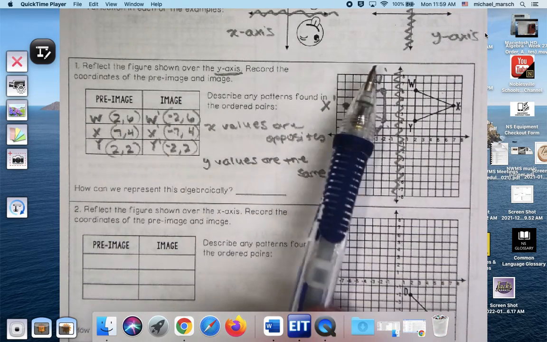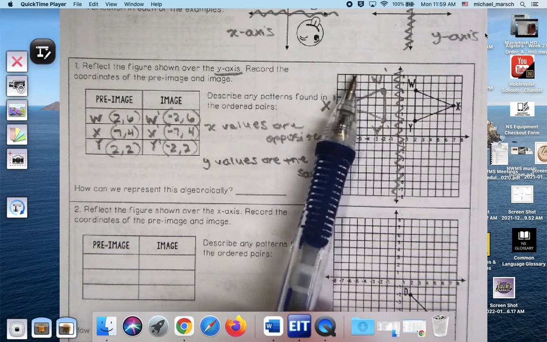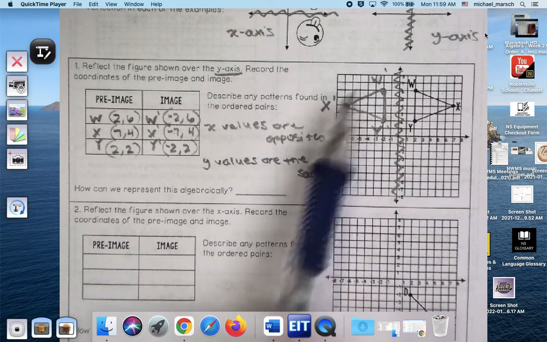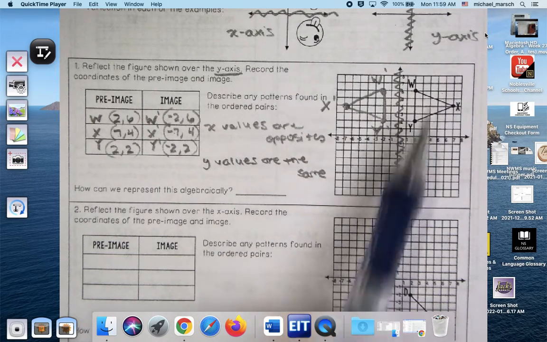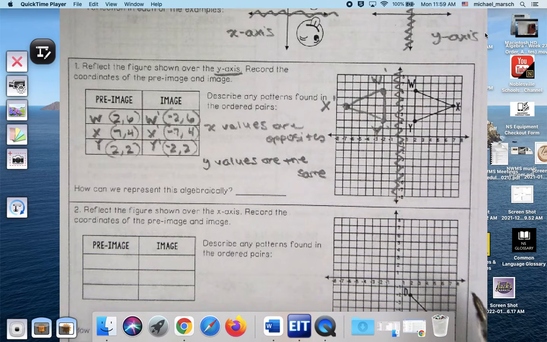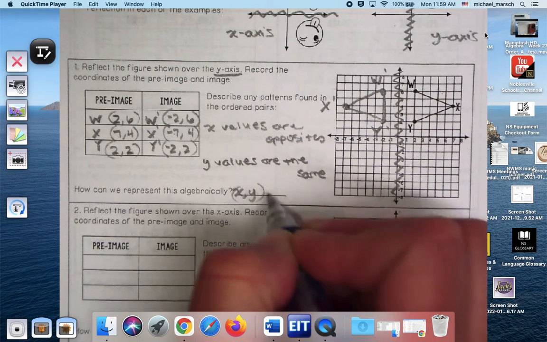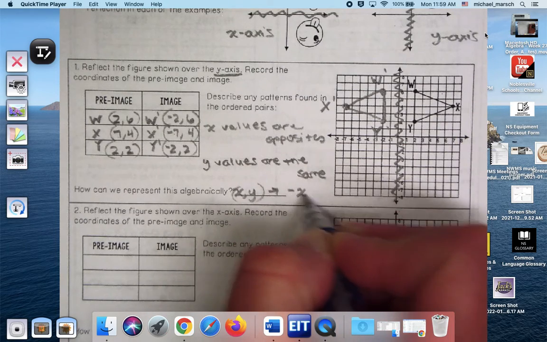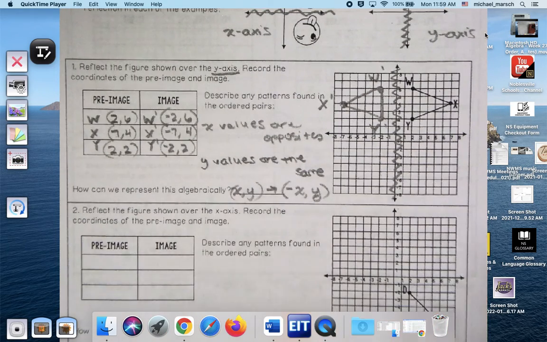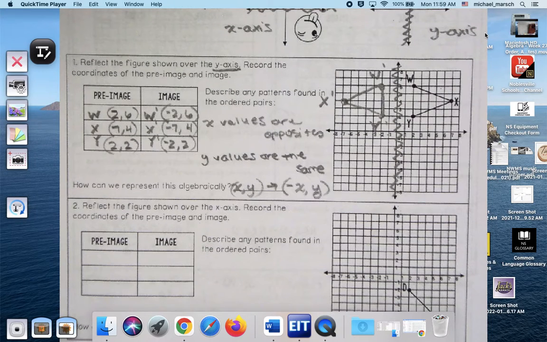If I had started here and gone from quadrant 2 to quadrant 1, they would still be opposites, and the y values would still be the same. So algebraically, if we start out with x, y, that's going to change into the opposite of x, y stays the same. A way to remember that is that if it tells you to flip over the y-axis, the y value will stay the same.